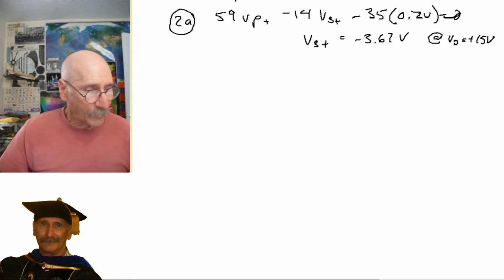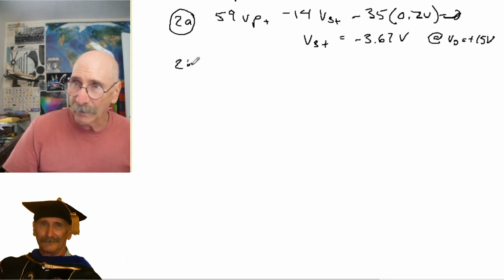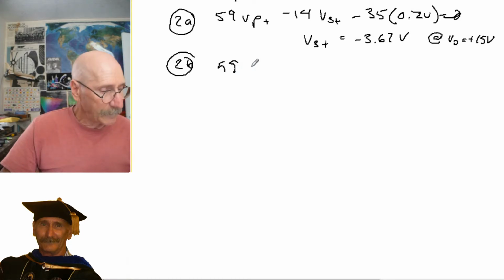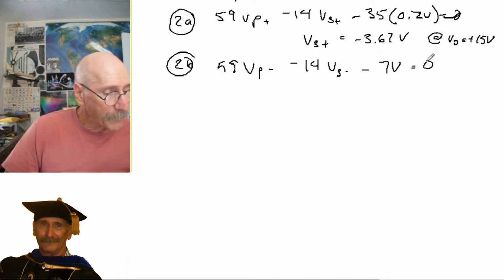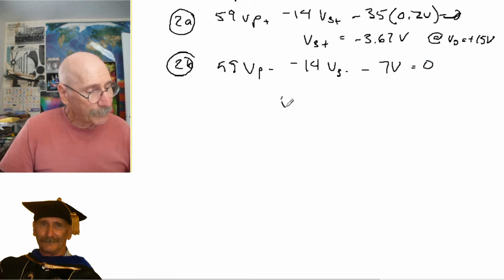The next thing we're going to work is 2B, which is just like 2A, except that we're going to change one of the variables. 2B is just going to be 59 V sub p minus 14 V3 minus, well, we know that's 7 volts, equals 0.